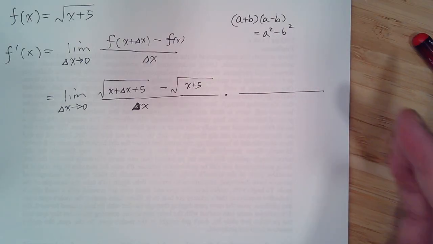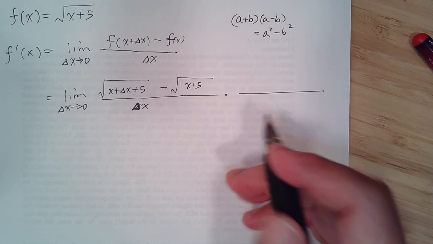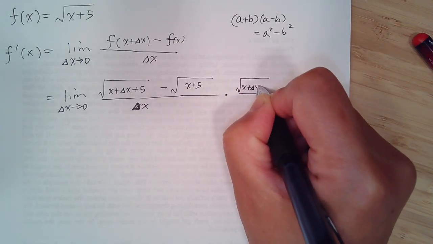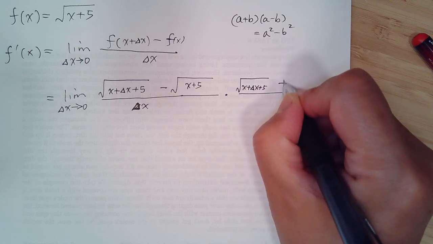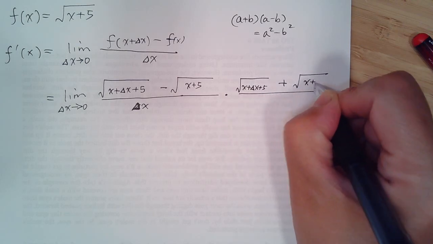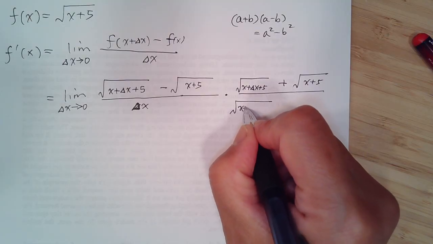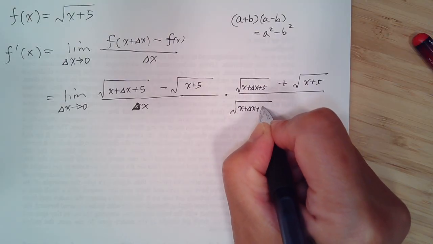What happens is that the square root is gone. So it's going to be x plus delta x plus 5 plus x plus 5. So the denominator is going to be, I have to multiply by the same thing.